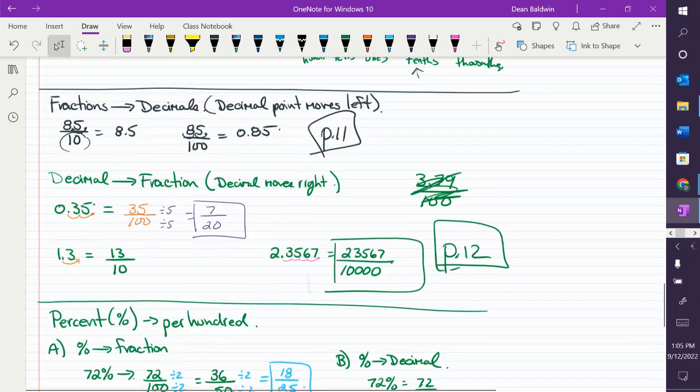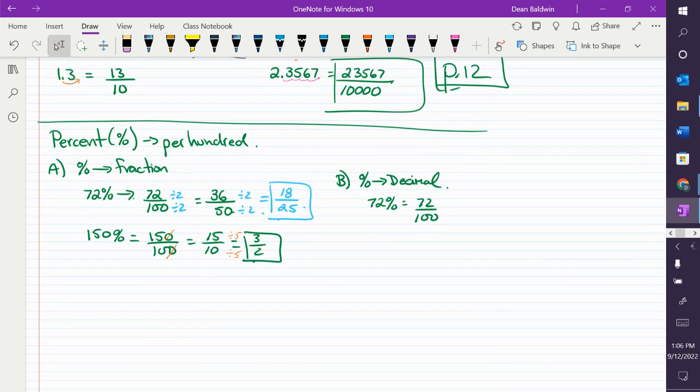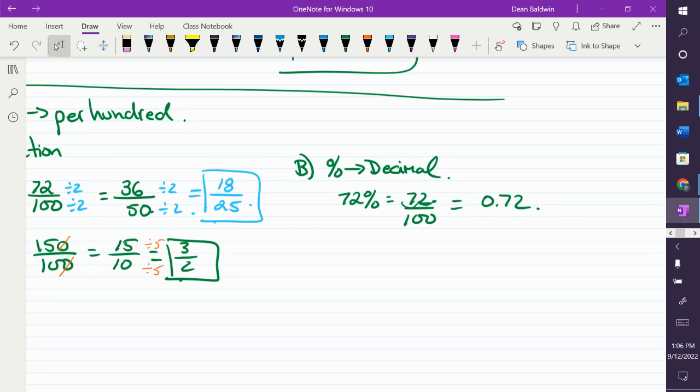If you're going to convert a fraction to a decimal, this number tells you how many decimal places to move it. Since it's 100, and the decimal's there, I move it 2 decimal places. So 0.72. What's the straightforward, fast way to do it? Just move it 2 decimal spots. So if you're here, you can move the decimal 2 places over.